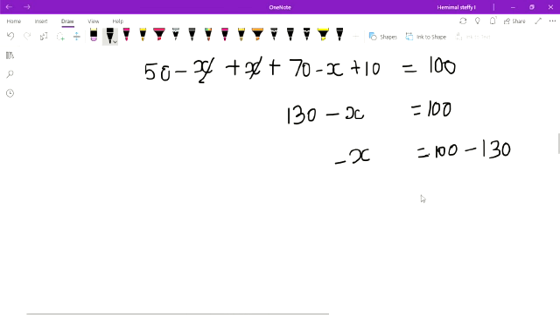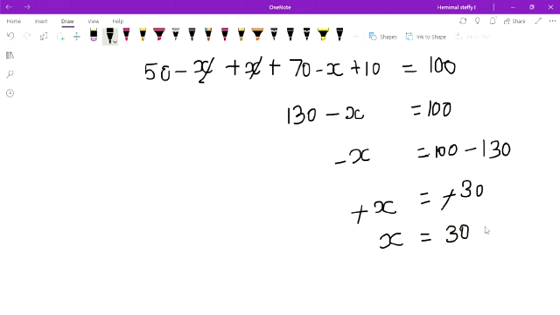It gives minus 30. So minus x equal to minus 30. Minus minus cancel, x equal to 30. So 30% of students passed in both subjects.